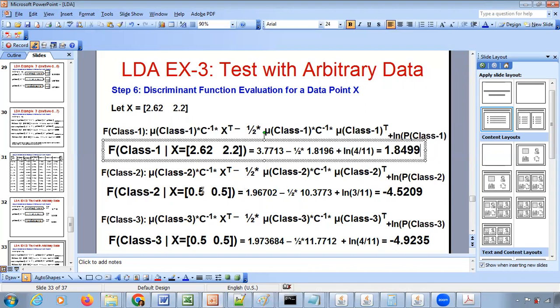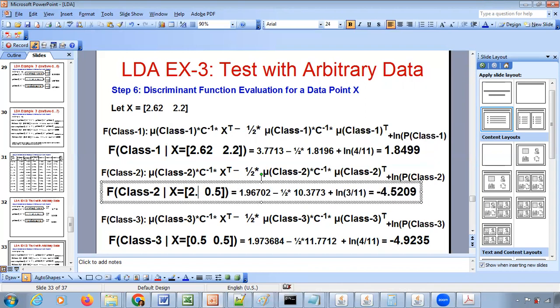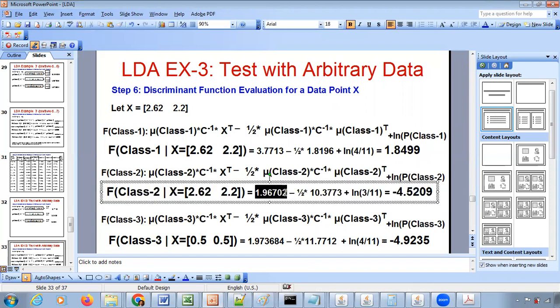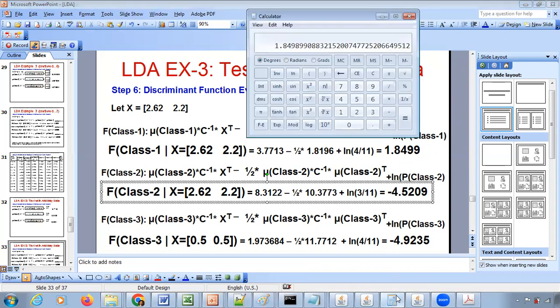For class 2, we got 8.3122, and the rest of the numbers will not change.